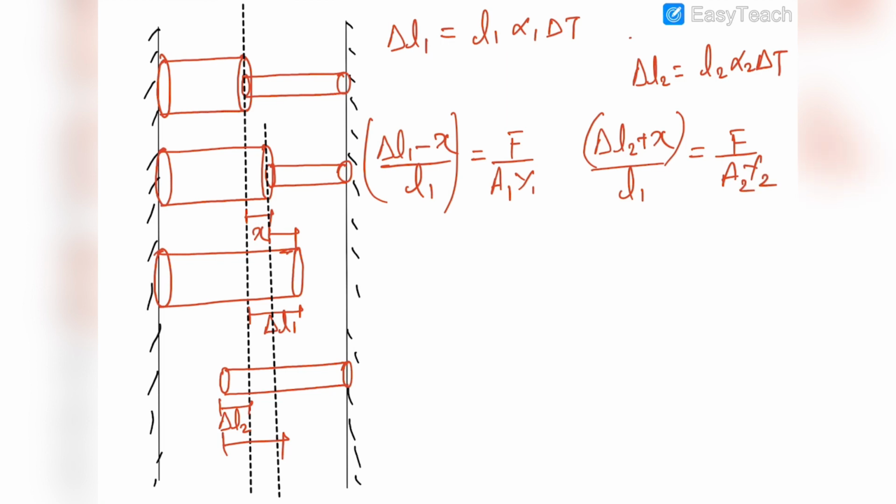Now we know that if there is no shift in the junction, then X is 0, and also we know that the force applied would be the same.